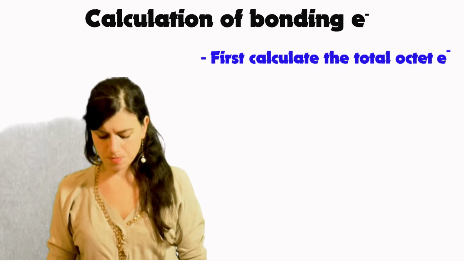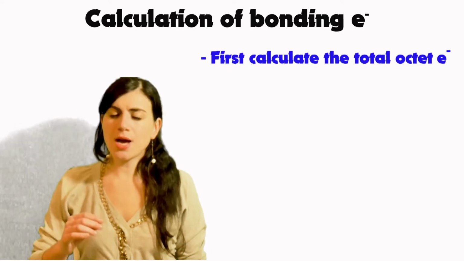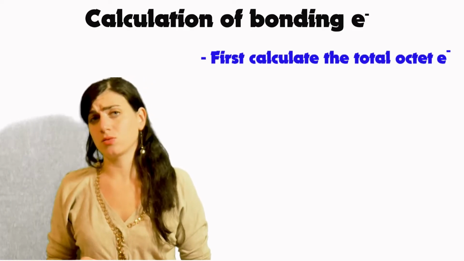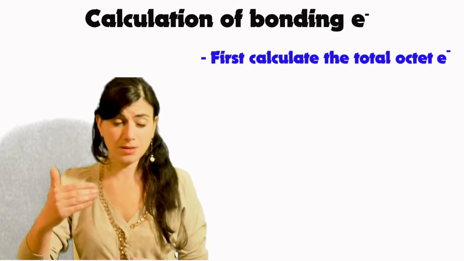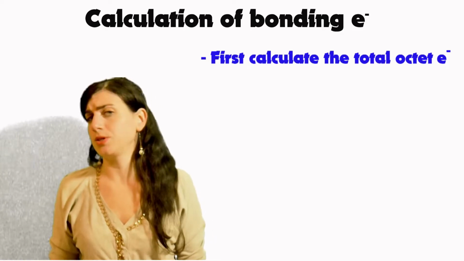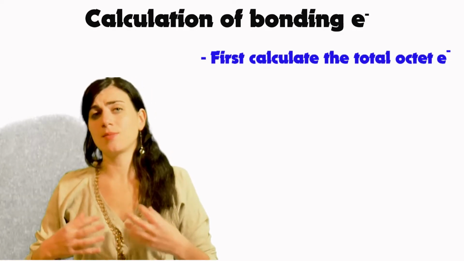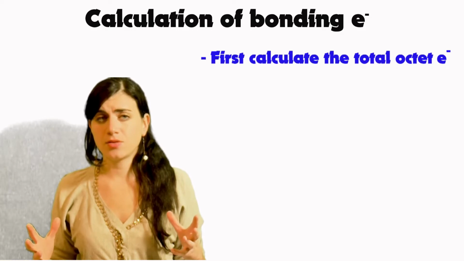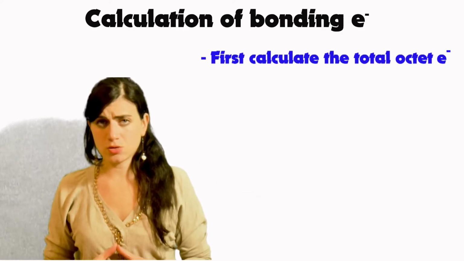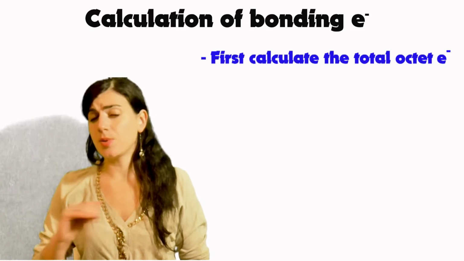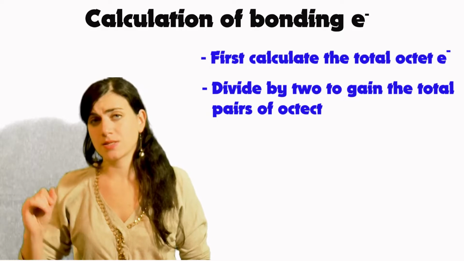We have to see which elements are following the octet rule, which elements are following the duet rule, which are forming the expanded octet or the incomplete octet, and sum all the electrons each element needs around itself in order to be stable. Sum all of these electrons together and then divide by 2 in order to obtain the total octet pairs of electrons.